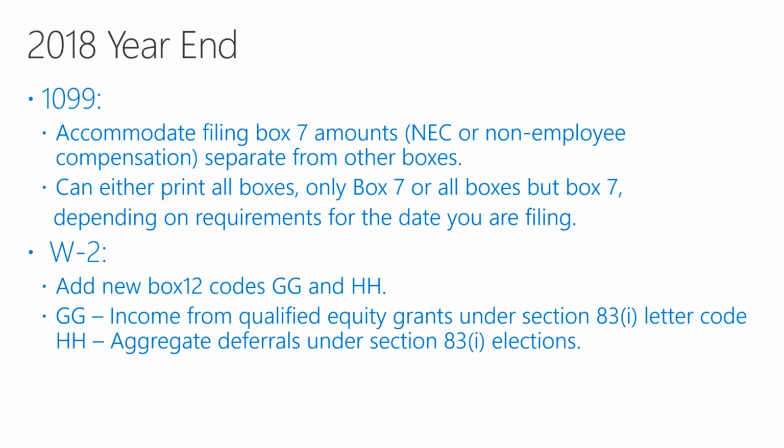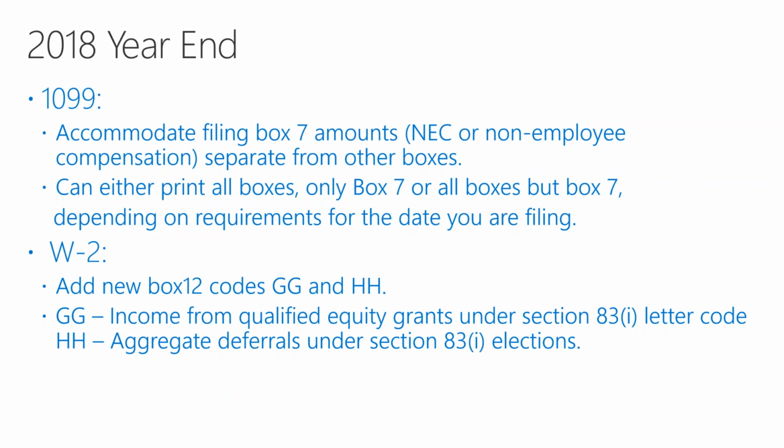Year end. Well, 2018 CU1 includes all your year-end updates. So if you happen to be doing CU1 here in the next several days, know that you already have the year-end updates in there for 1099s and W-2s. For 1099s, it accommodates the filing box 7, being able to print all boxes, only box 7s, or all boxes but box 7. Those are all available.